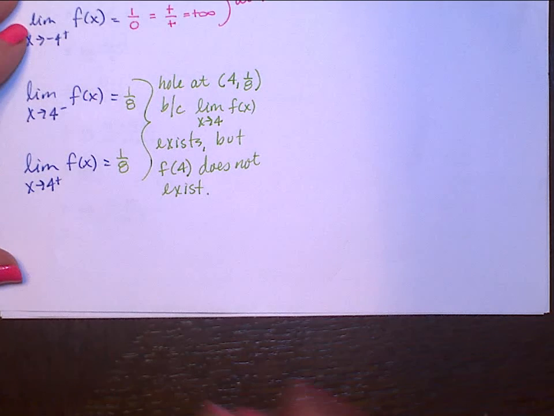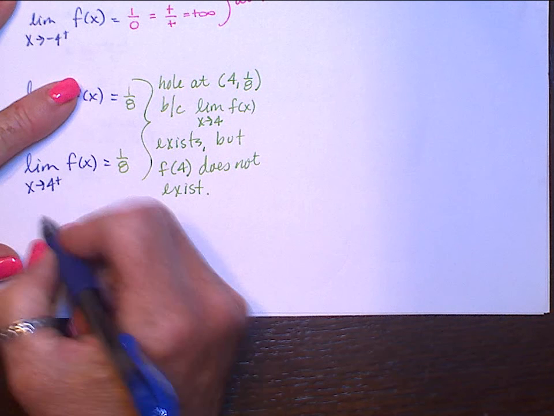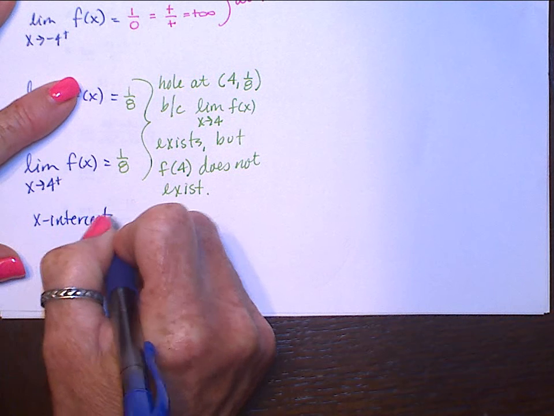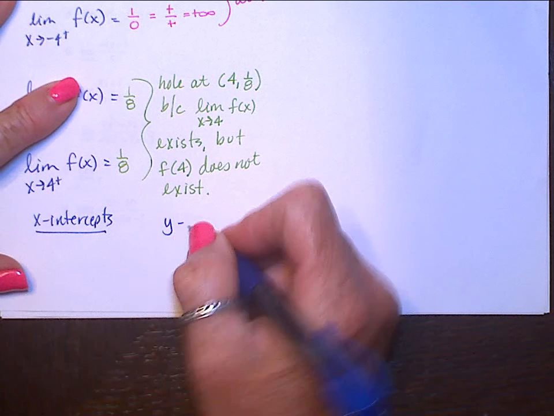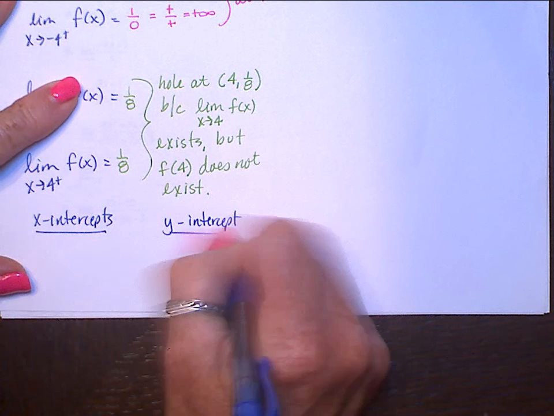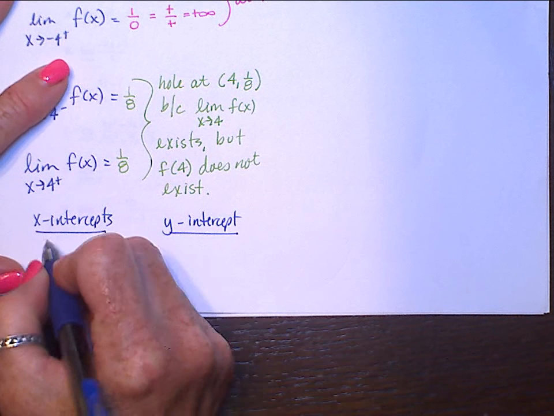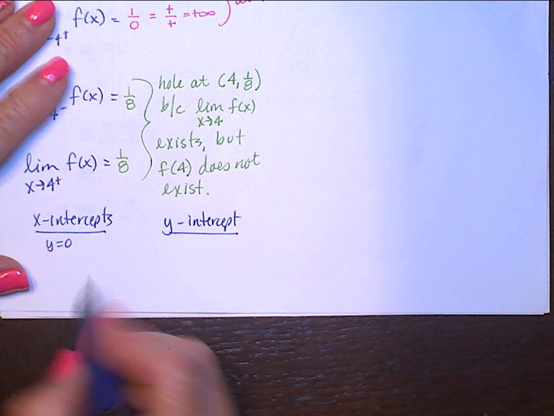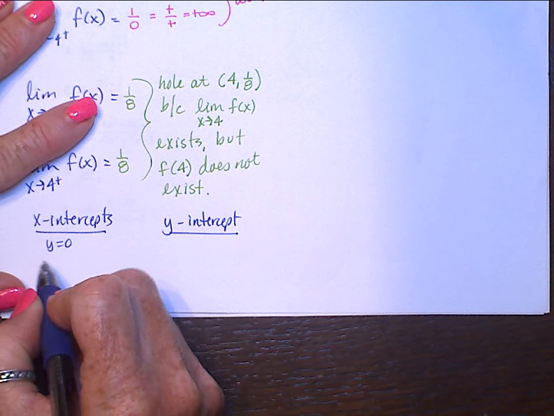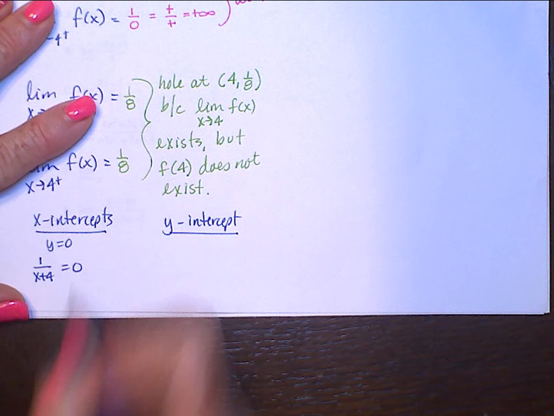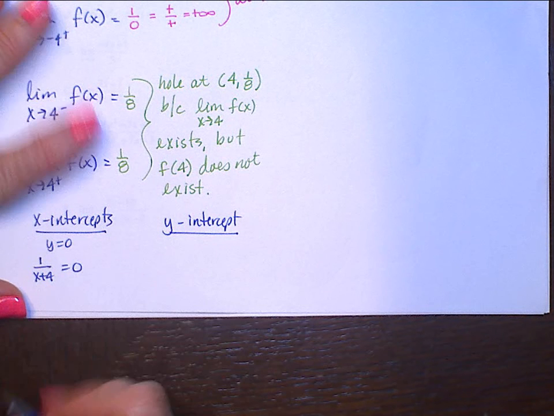A few other things that are going to help you sketch this graph are to find the x-intercepts and to find the y-intercept. X-intercepts happen when y is equal to 0. We can set that simplified form, so we are looking for 1 over x plus 4 to equal 0. That cannot happen.